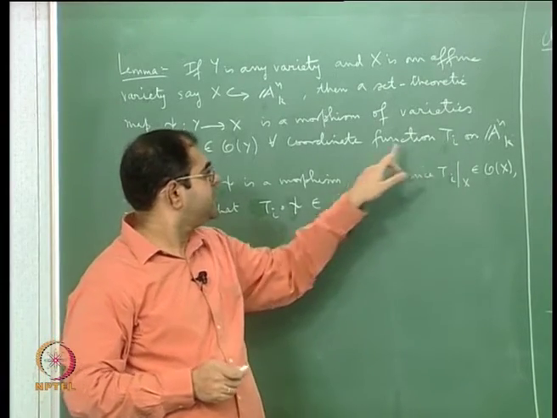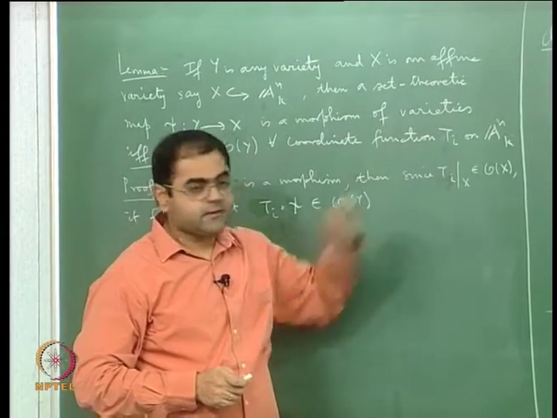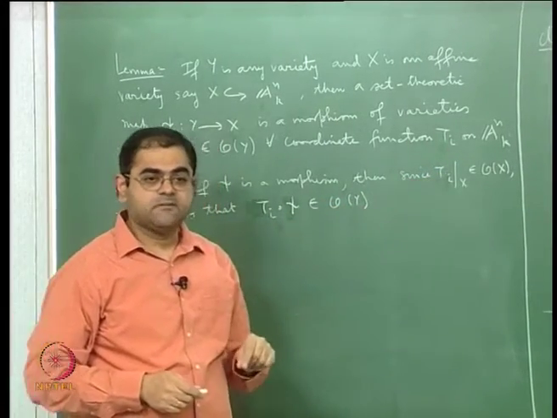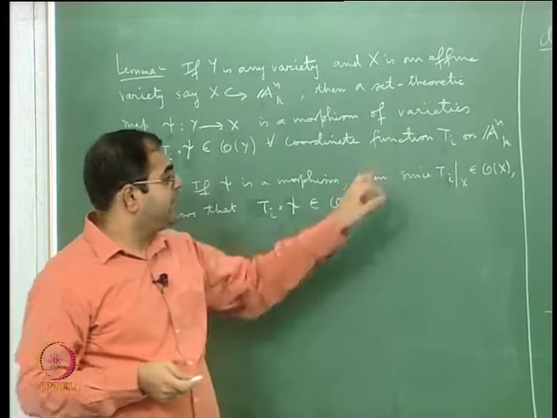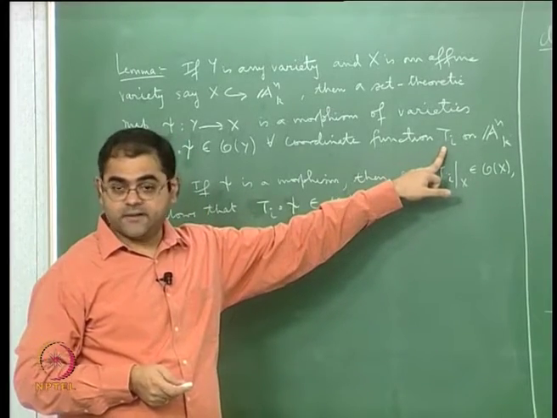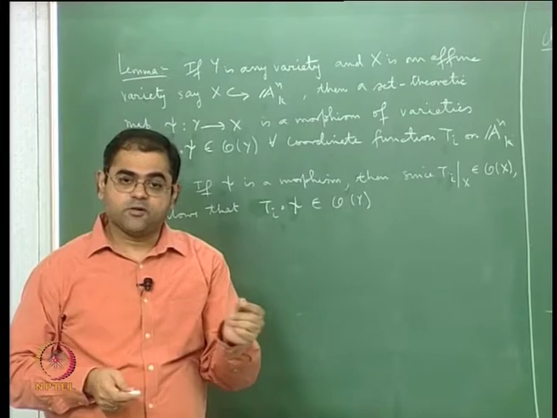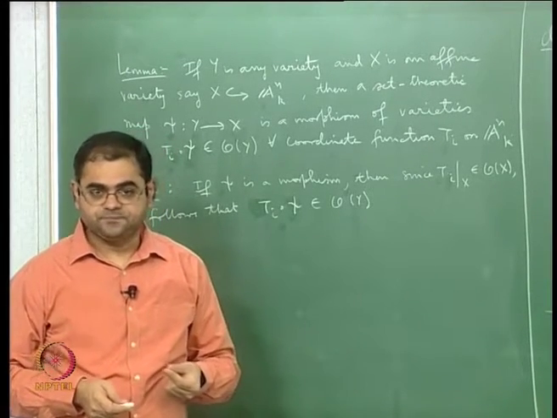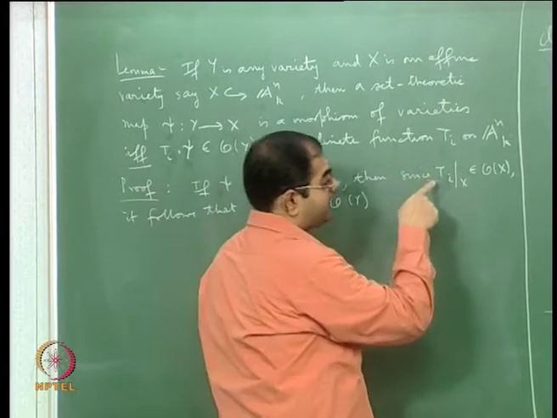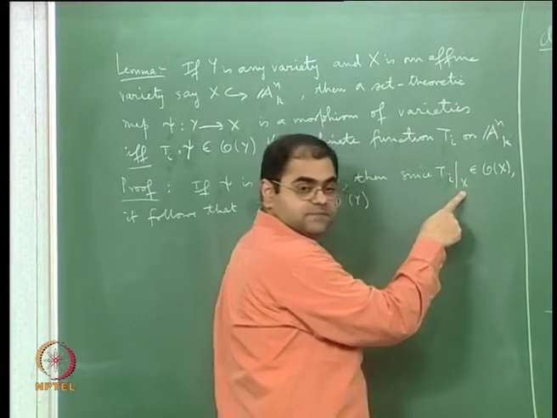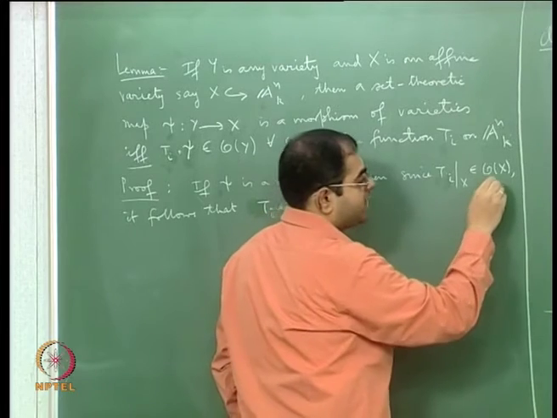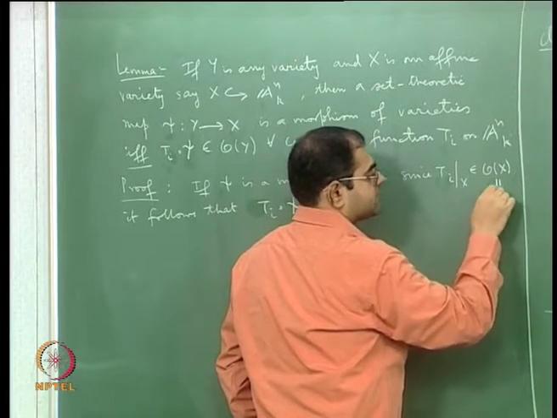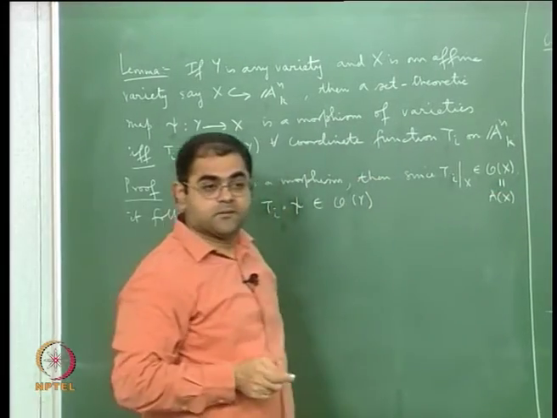So when I say coordinate function ti on An, it means that I am thinking of the functions on An to be given by the polynomial ring in the n variables t1 through tn. So each ti is a polynomial, and polynomial functions are of course regular functions, and therefore if you restrict each of these polynomials to x, they are in Ox, and mind you Ox is the same as Ax because x is affine, okay.